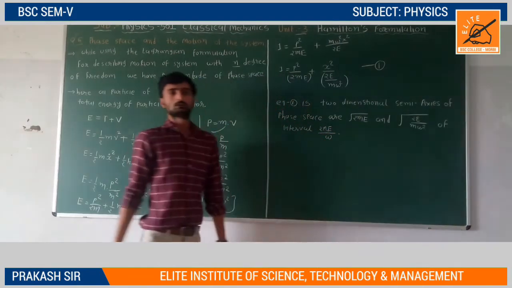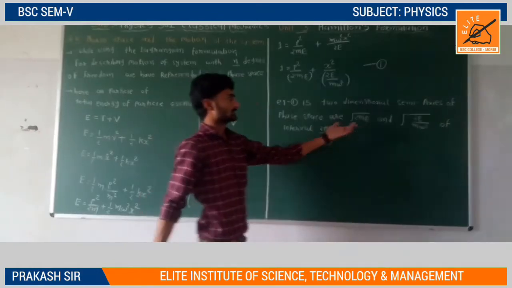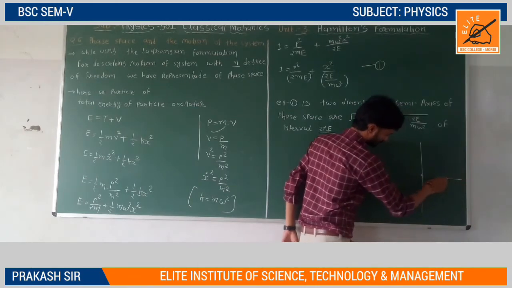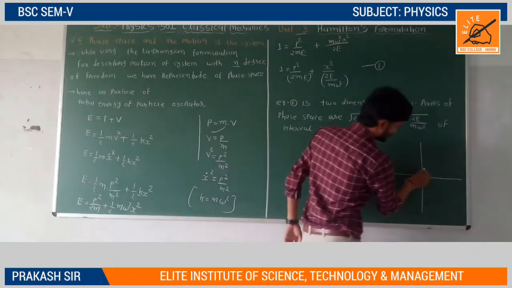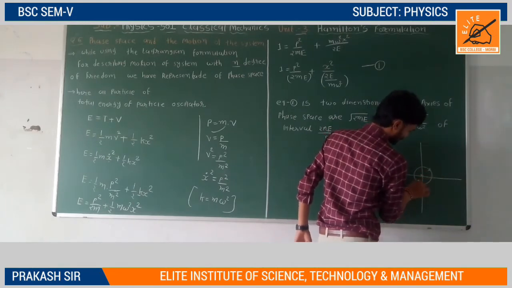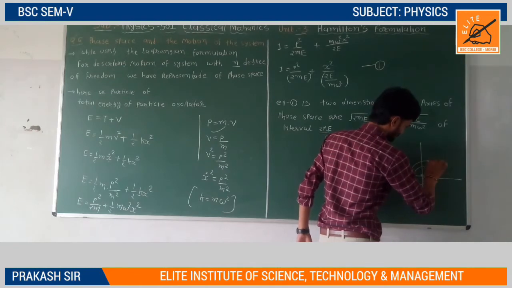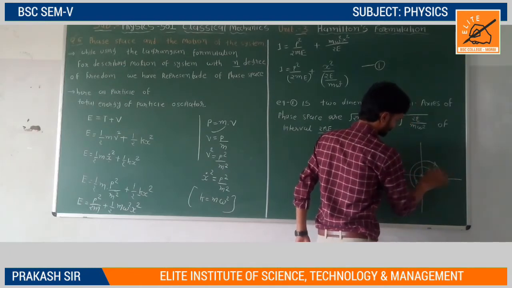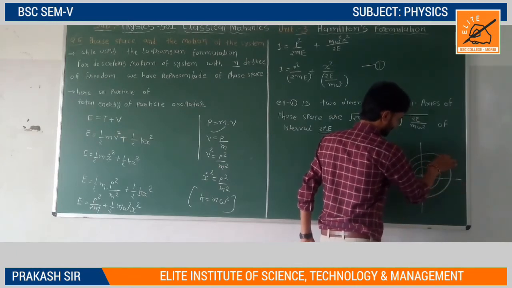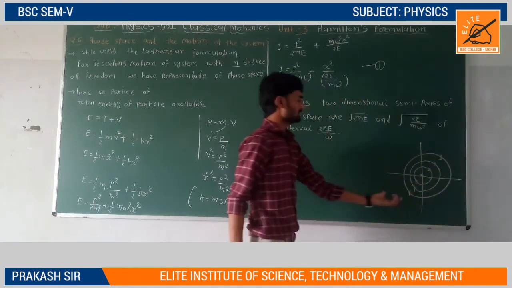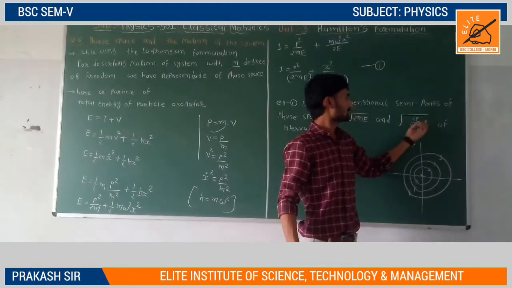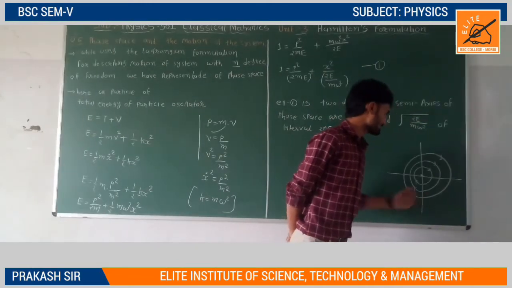So remember, semi-axis means the axis from the center of the phase space. This axis is root 2mE and root 2E upon m omega square.